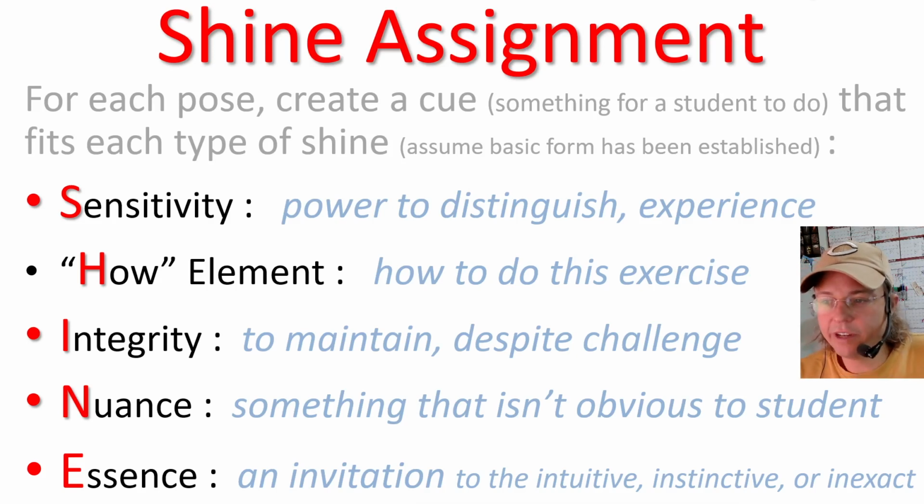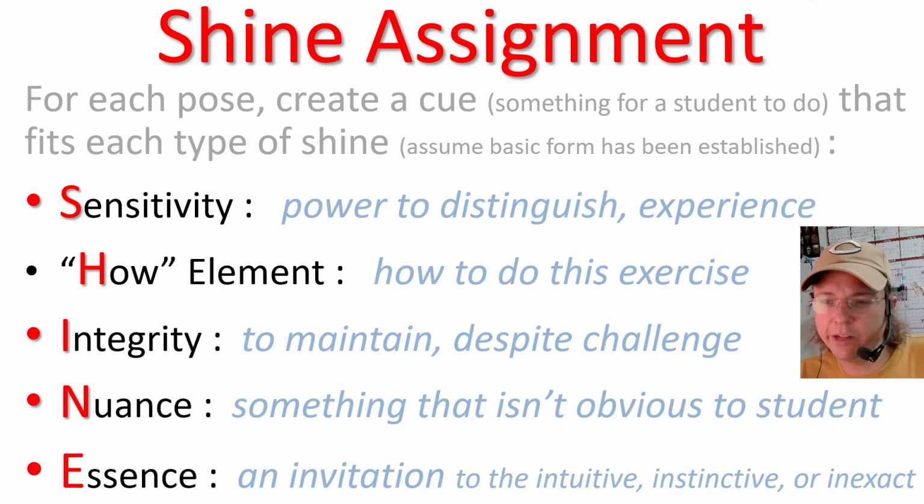And the purpose of this assignment is to help your brain stir up not just certain elements of shine. Sometimes giving your brain a cue like, how could we get more sensitive in this pose, can help you think of shine elements that you wouldn't otherwise think of. Sometimes just giving your brain the overall general cue, like what are things that add life to the pose?